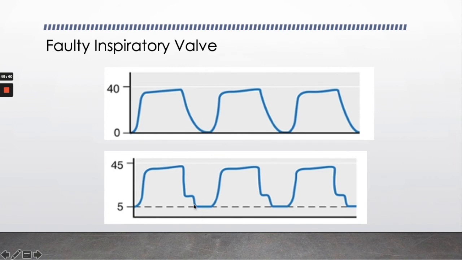But since we have some CO2 in the inspiratory limb, the patient is breathing in some of the residual CO2 that's been left over there. So these two are both due to a faulty inspiratory valve.